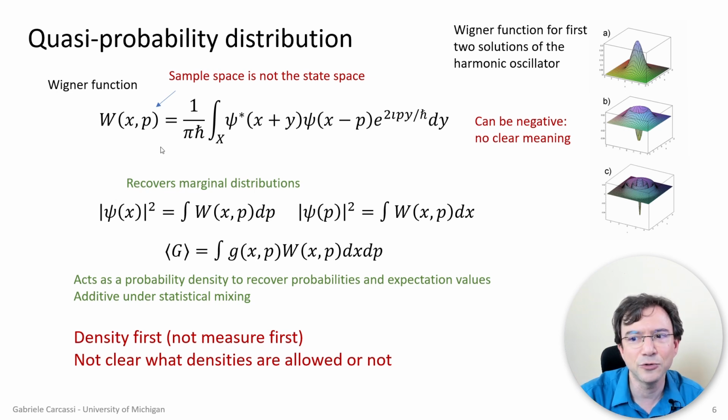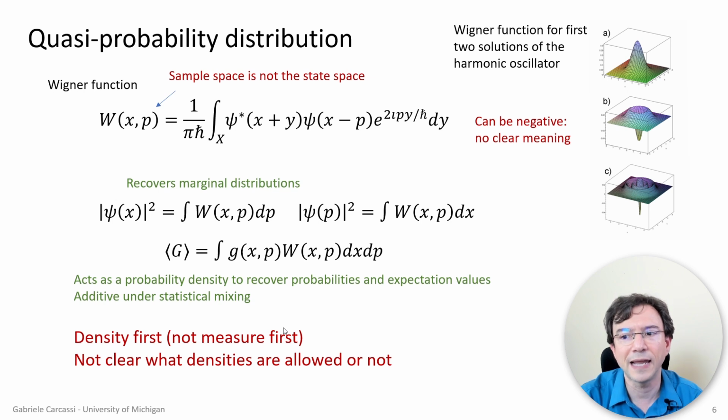Here instead you define the probability density first, and it's also not clear exactly what the space of allowed densities is. In a classical space, any density distribution where all the elements are positive and which integrates to 1 is a valid probability measure. Here it's not clear which types of density are in and which are out.